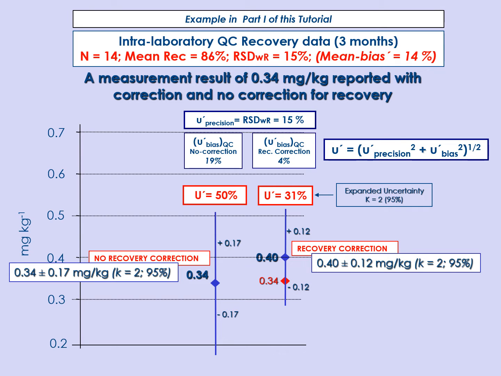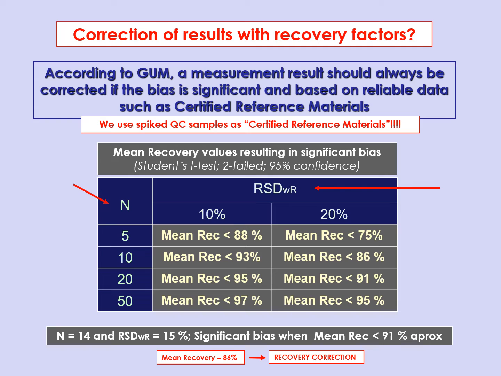The key question here is, when should an analytical result be corrected with the recovery factor? The correct answer to this question, strictly speaking, is on this slide. A measurement result should always be corrected if the bias is significant and based on reliable data, such as certified reference material.